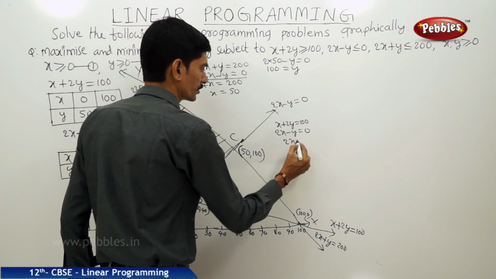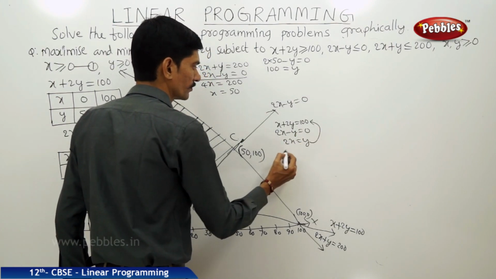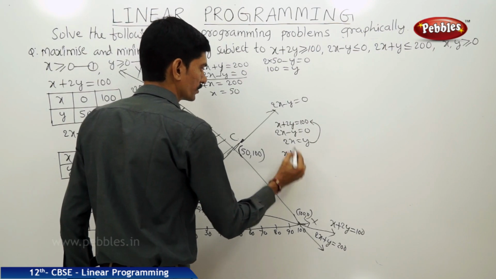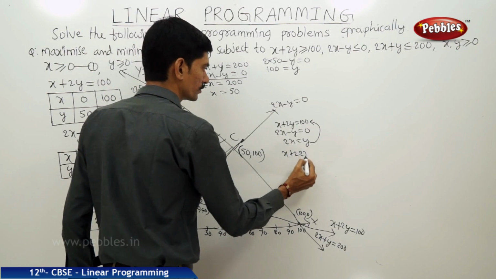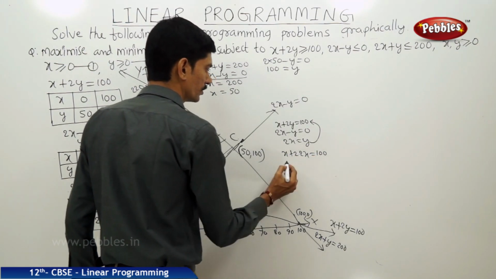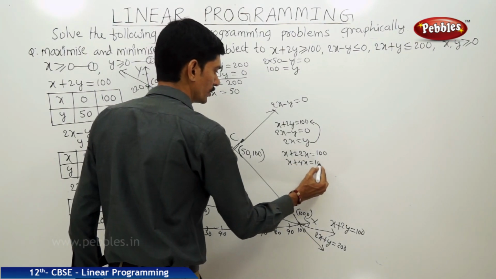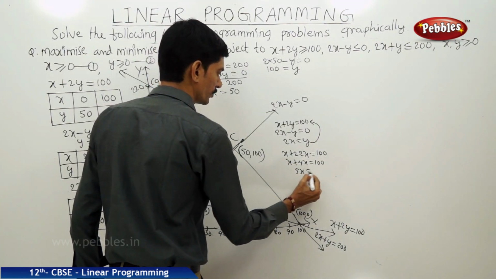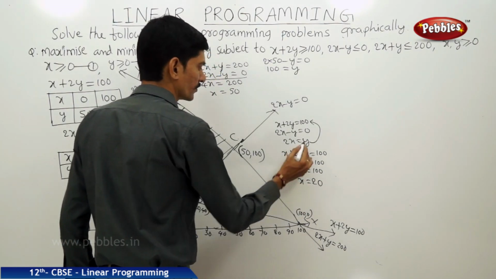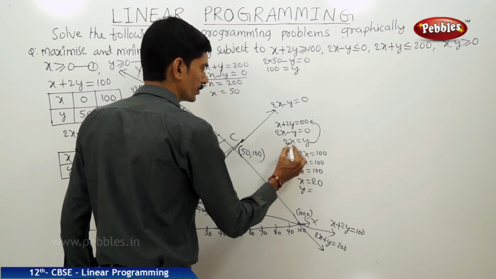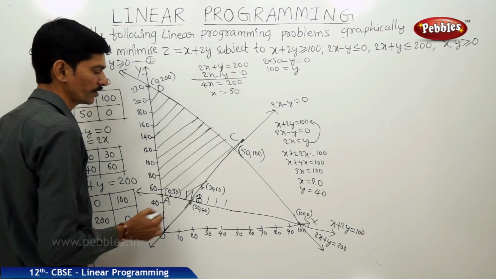From this you will get 2x equal to y. If you substitute y value in this equation, x plus 2y, x plus 2 into 2x equal to 100, then x plus 4x equal to 100, 5x equal to 100, then x value is 20, then y value is 2 into 20, that is 40. So this is 20, 40.